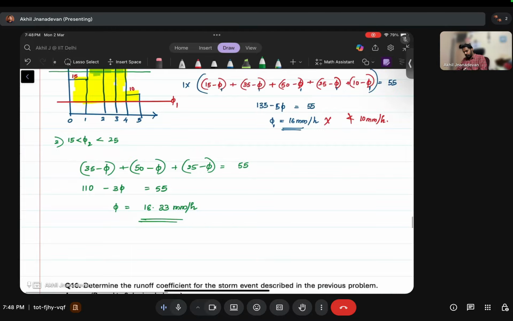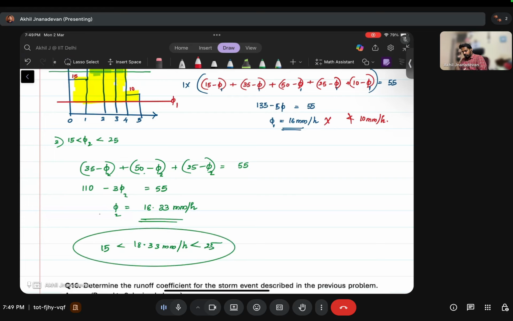So 18.33 mm per hour is greater than 15, and also it is less than 25. So our assumption is correct.